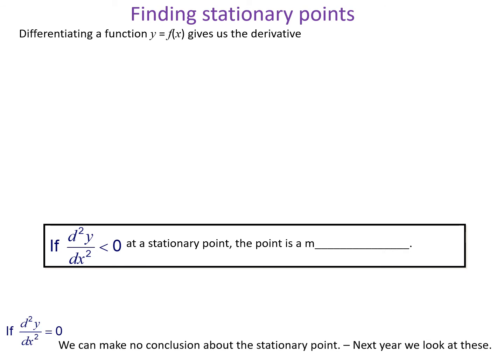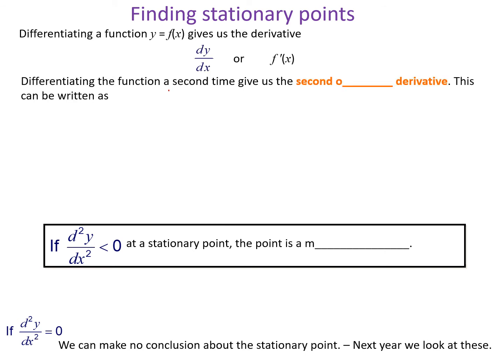Differentiating a function y equals f of x gives us the derivative dy dx or f dash of x. Differentiating a function a second time gives us what's called the second order derivative.